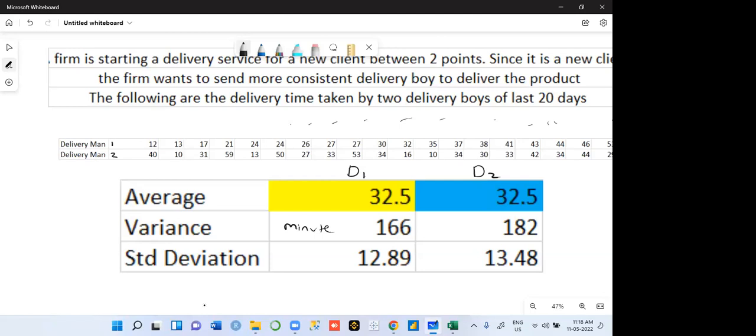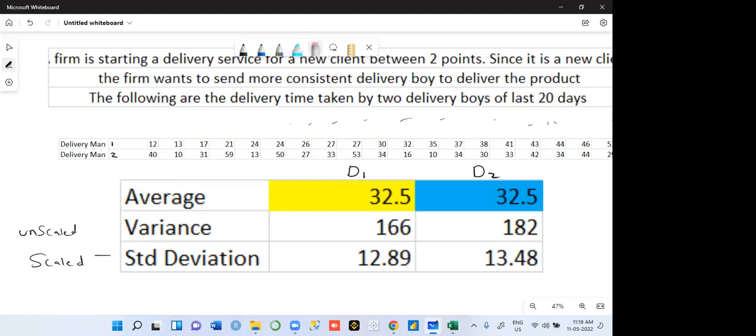It becomes difficult. Our data is given in minutes, so 166 minutes is very difficult. Can I say a 12 minutes difference? So can I call standard deviation on scale as per the data, and this is unscaled. Clear guys?